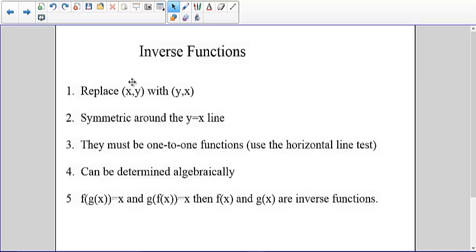So we use the vertical line test to show that they're functions, and then use the horizontal line test to show that they're one-to-one functions. You can also solve algebraically for the inverse function, which we did a few times. And the composite functions f of g of x and g of f of x, of the original function and its inverse, end up being equal to x.